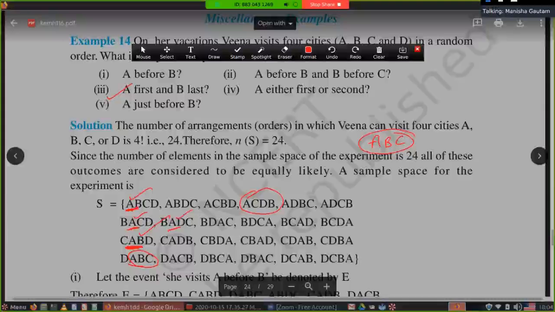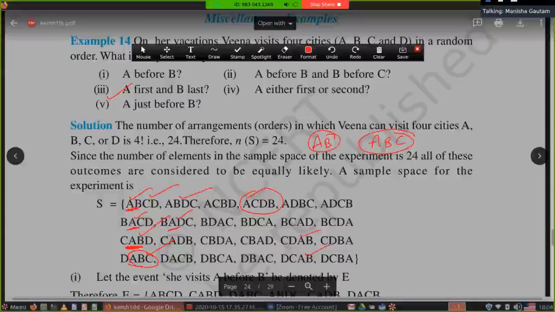A just before B. It means AB. AB comes first, second, and so on, like this you can calculate and total them. AB: A comes first and B comes right after A. Add all these cases.